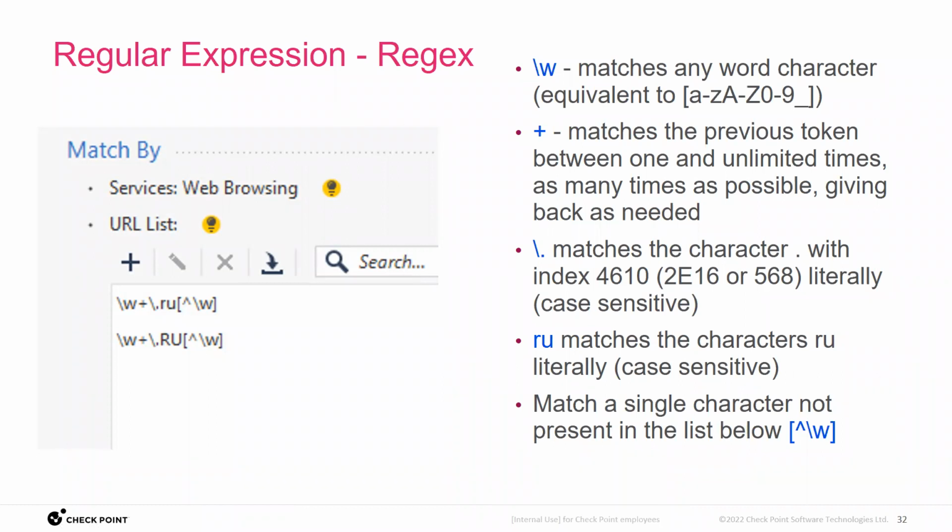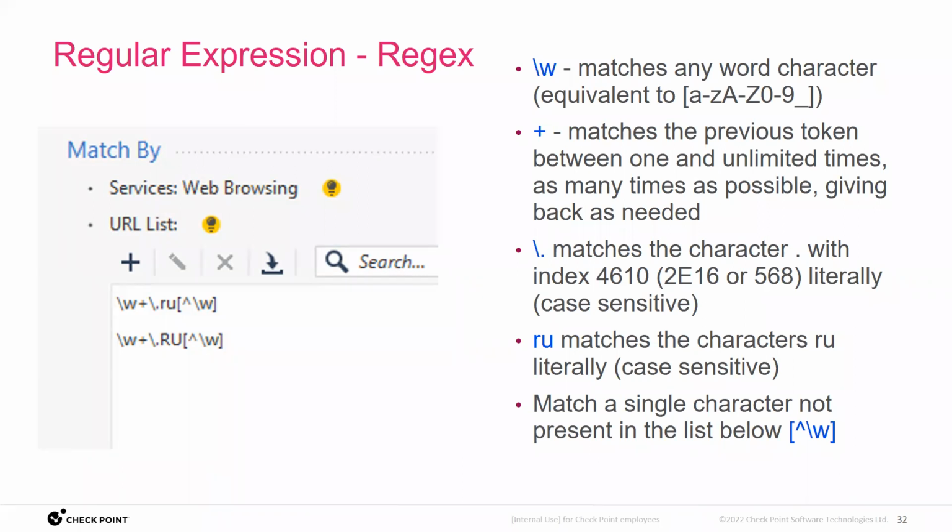So if you read this, it's any characters before the .ru, the piece that I'm actually concentrating on, and no characters past it. So why do we put that bracket \W on the end? Is because RU could represent a site like Rutgers.